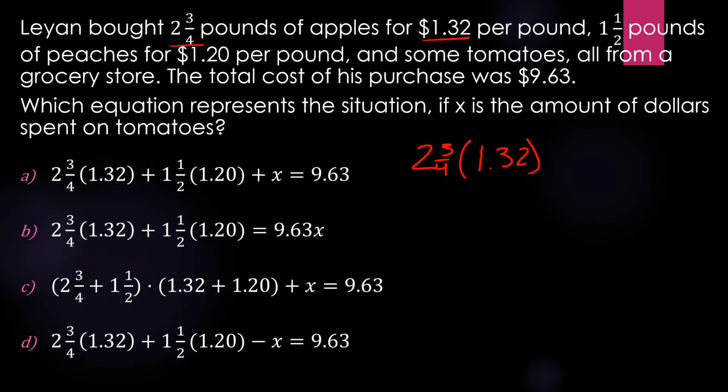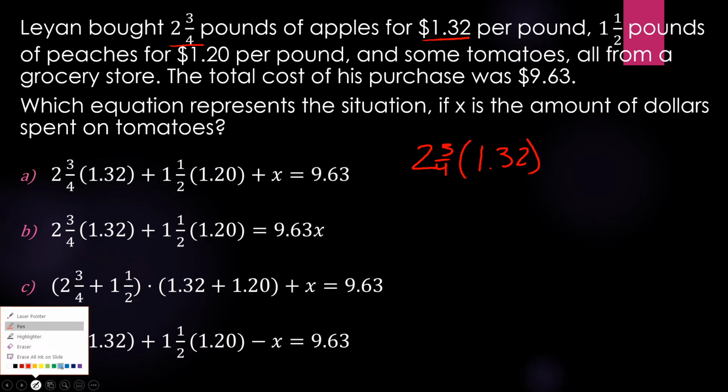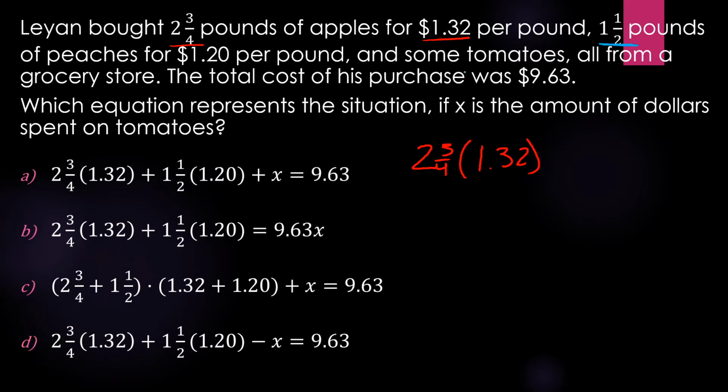I would do 2 times 10, which would give me 20. So that's why I'm multiplying here. And again, for the second piece of information, we are also multiplying, right? I know he's going to buy 1.5 pounds of peaches for $1.20. So 1.5 pounds of peaches, and he's paying $1.20 for those.